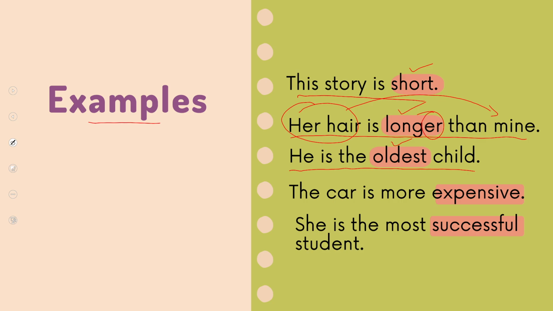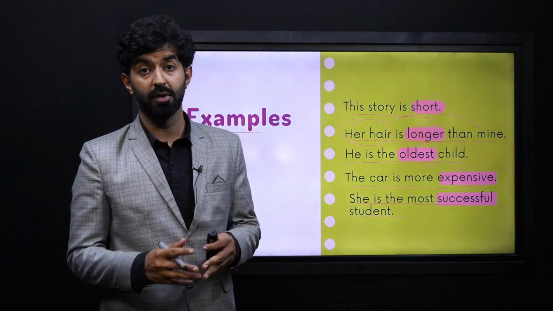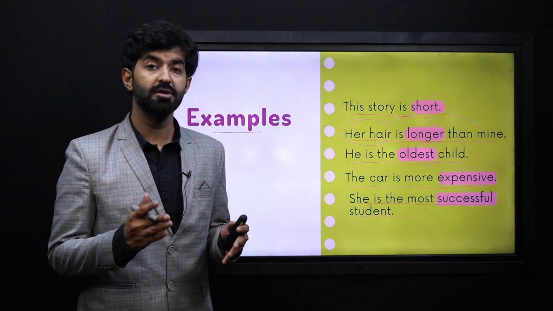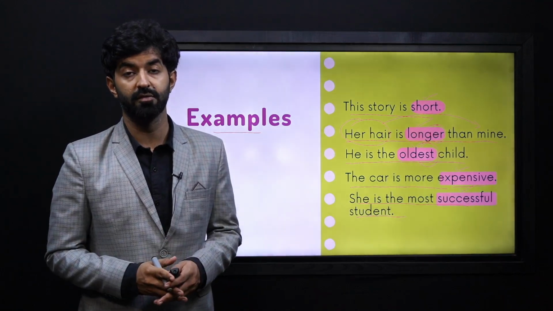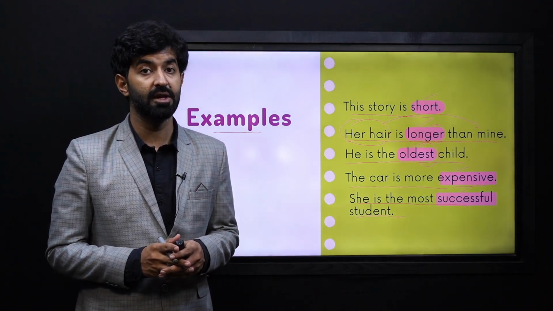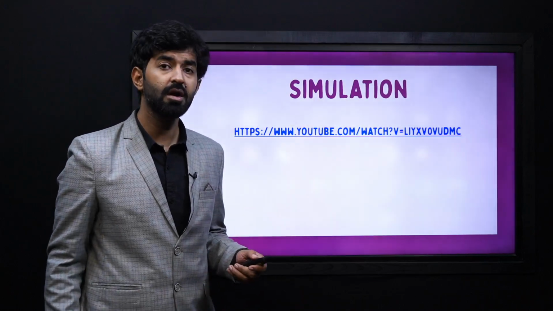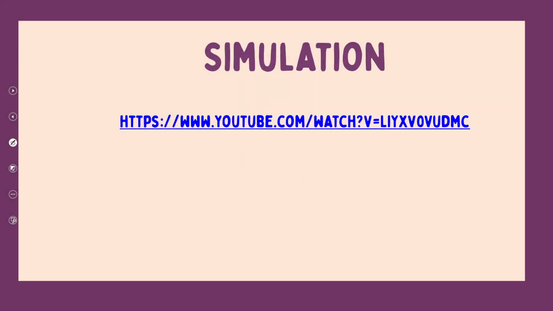So old, we already know it's an adjective, and its superlative degree will be oldest when we add est at the end. The car is more expensive. She is the most successful student. These are positive degree of adjective. So we saw all three of these positive, comparative, and superlative degrees of adjective with examples. Now here is a simulation video for your better understanding.